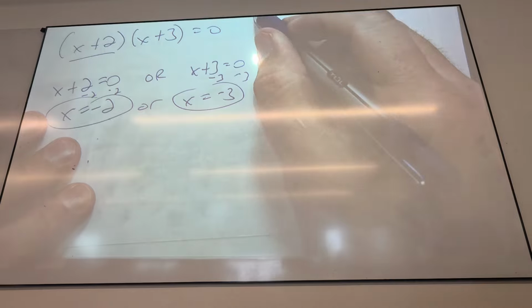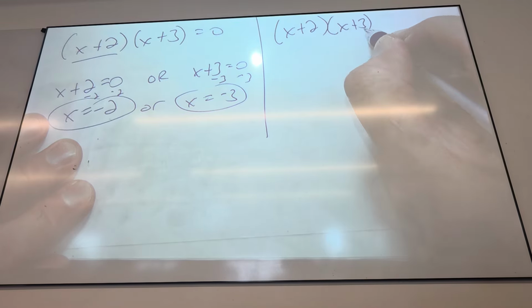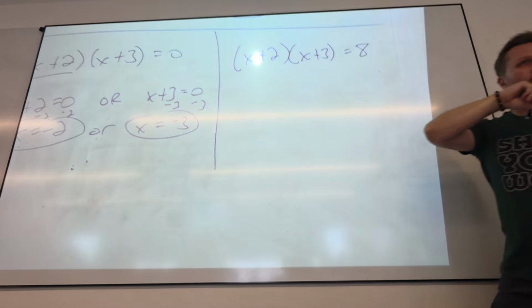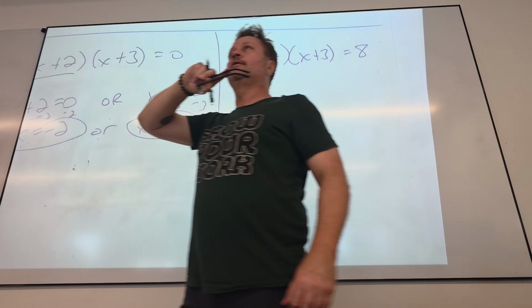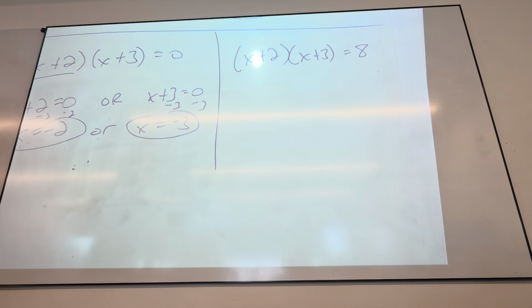So what if instead the equation had been this? Do you understand how this sucks bad? Does either one of them have to be 8? Could one of them be 4 and the other one 2? Could one be 8 and the other 1?